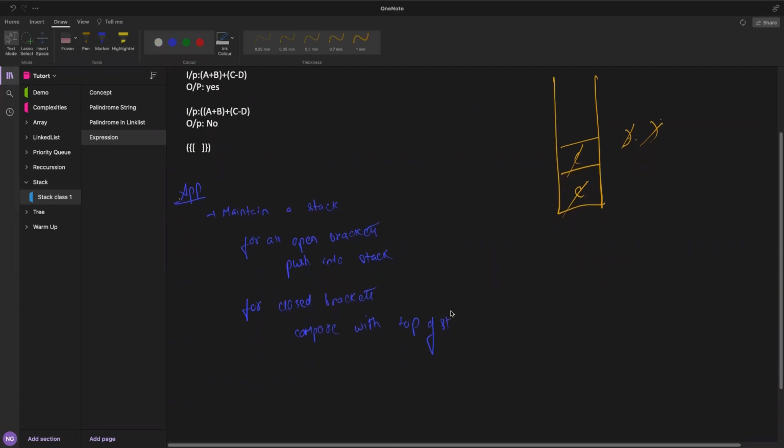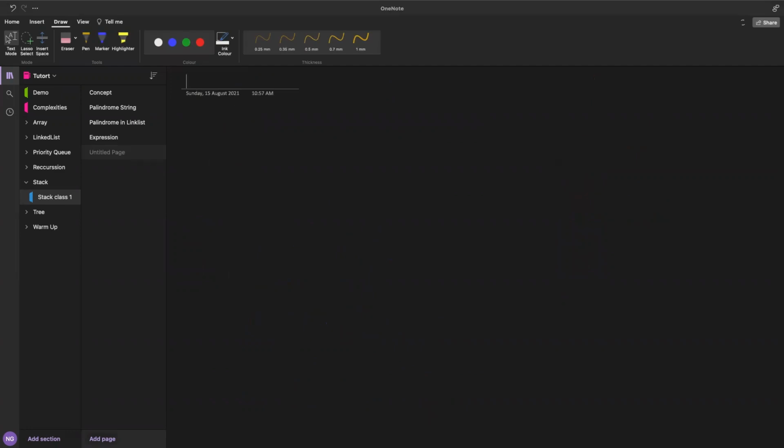Okay. Next is, so, what happens in mathematics is there are certain types of expressions: postfix, prefix, and infix expression.